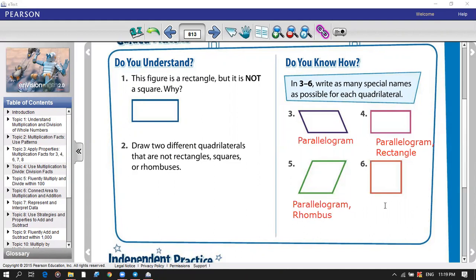Question 6. This shape here is a square.